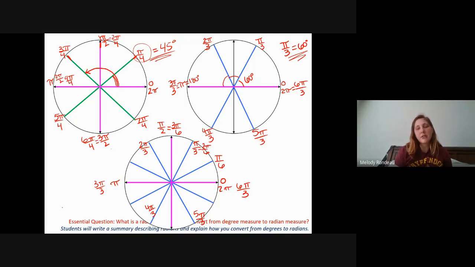All right, so then after 3 would be 4 pi over 6. And then we have 5 pi over 6, 6 pi over 6, 7 pi over 6, 8 pi over 6. We just keep counting around.